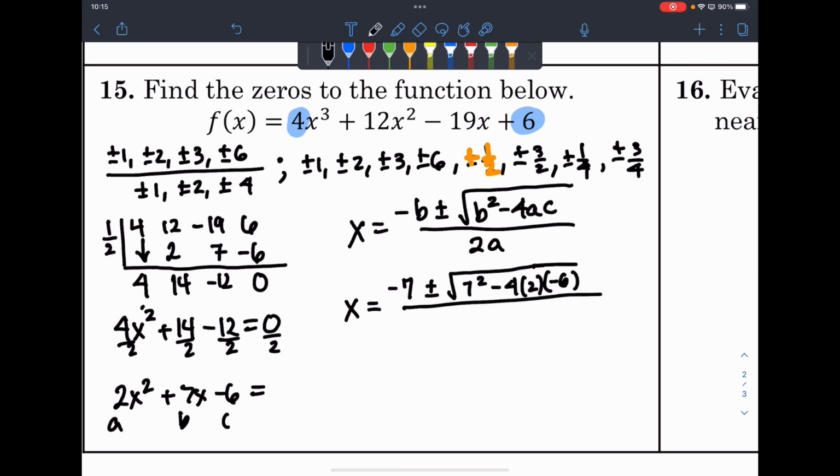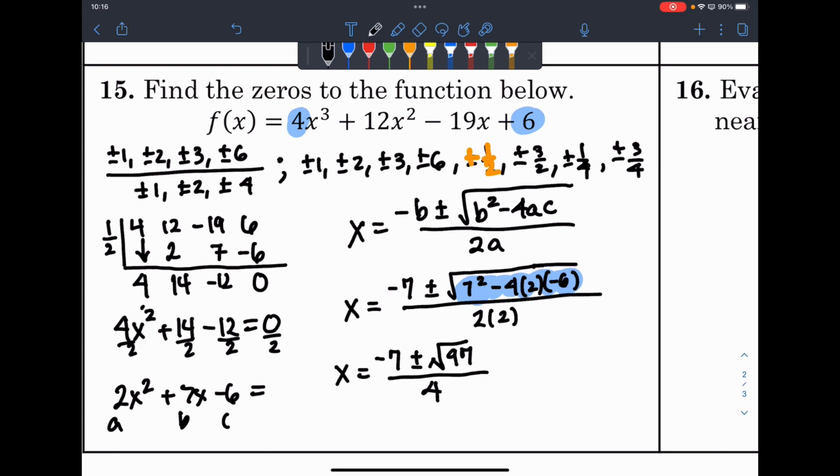And all of this gets divided by 2 times 2. And this here, when we plug this into the calculator, that equals 97. So the square root of 97 divided by 4. So there are your other two zeros.